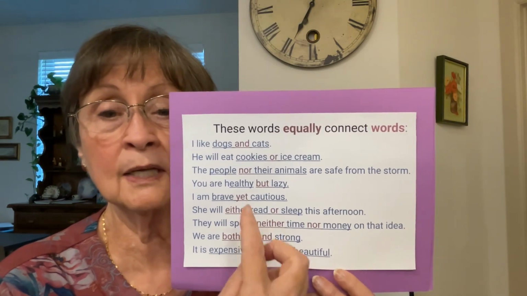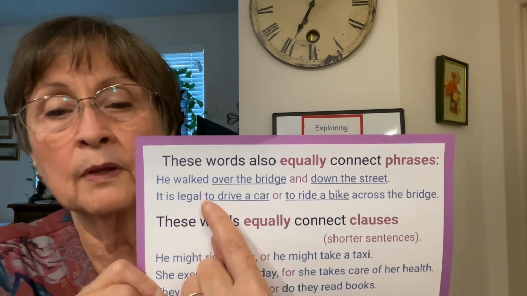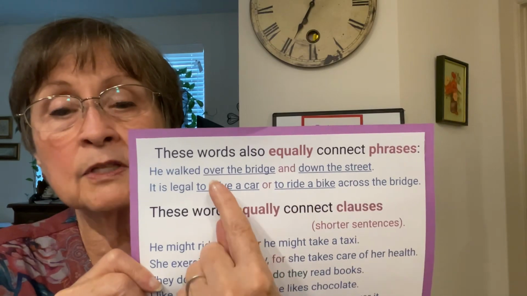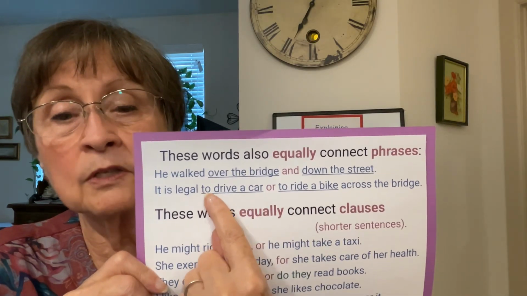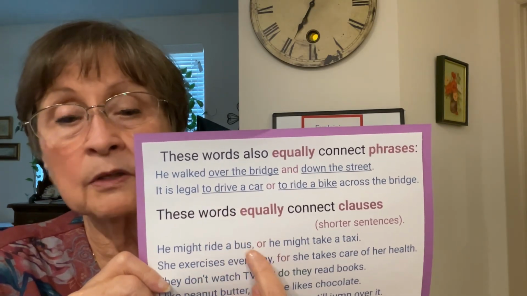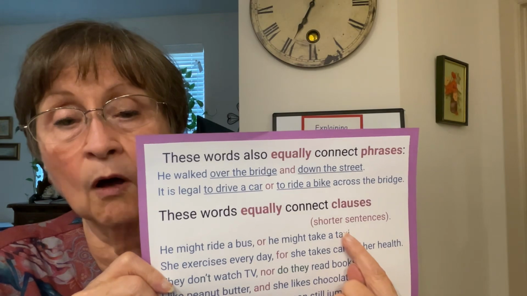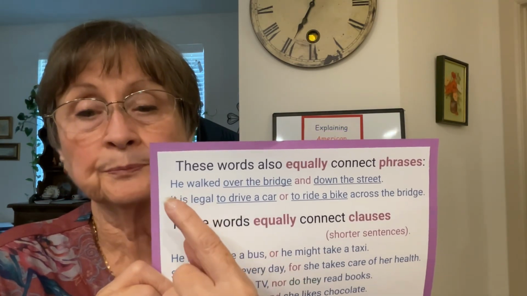And these are the connecting words. But they can connect other things. They connect phrases. If you want to get technical, this is a prepositional phrase because it starts with a preposition. And this is an infinitive phrase because it starts with an infinitive, but is not considered a complete sentence thought, as these are down here.